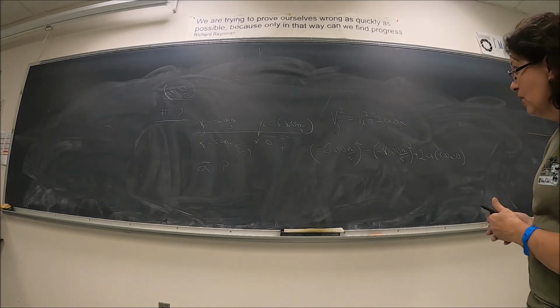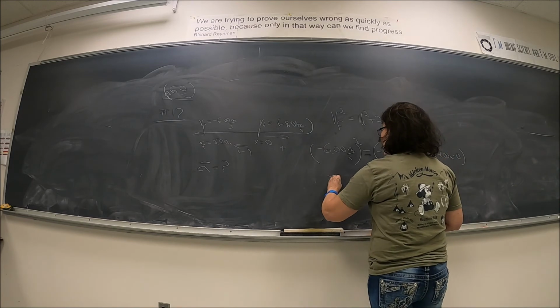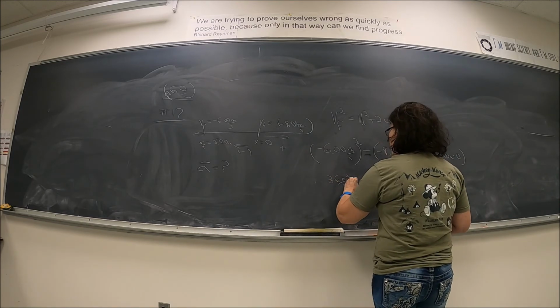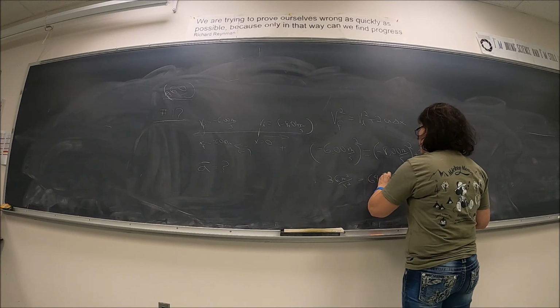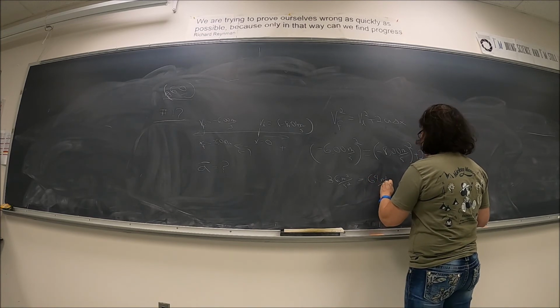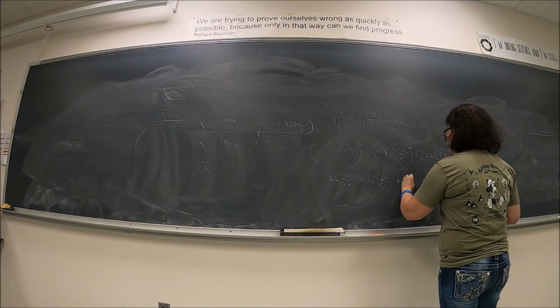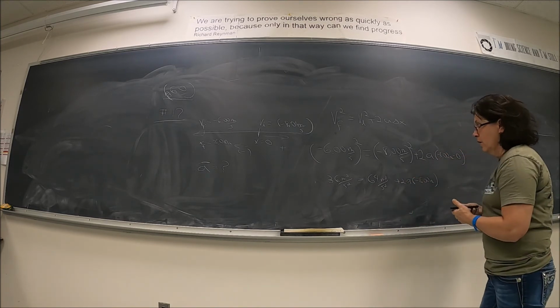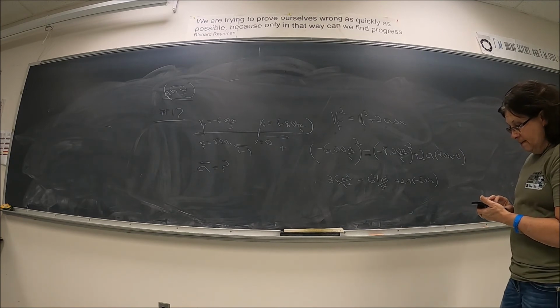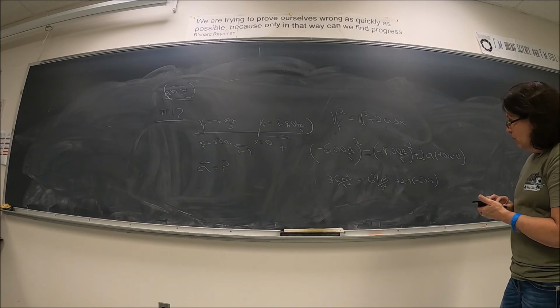6 squared, that's 36. So I have 36 meters squared over second squared, 8 squared, 64 meters squared over seconds squared plus 2 times a times minus 5 meters. So 36 minus 64 divided by 2 divided by a negative 5.